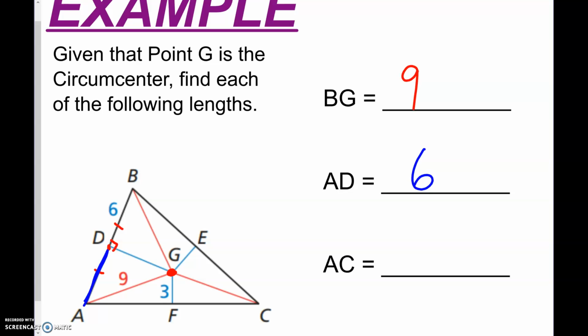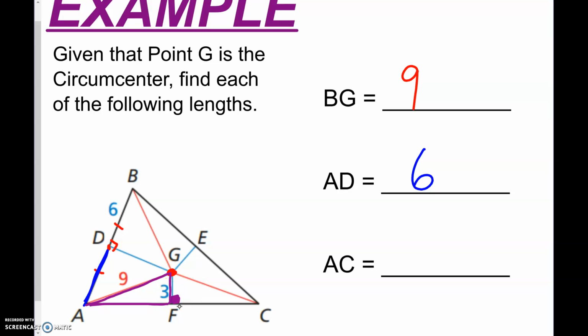And then the last one that we have here, AC. This kind of triangle right here is a right angle. This has to come down perpendicular.